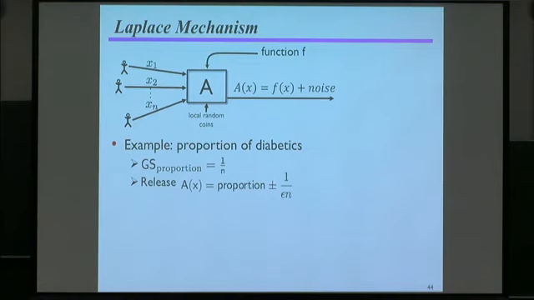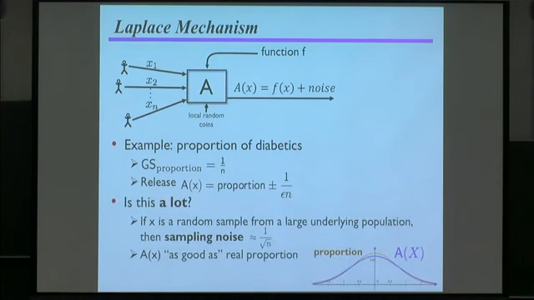Well, it depends on lots of things, but just to give some sense of calibration, if x were a random sample from a large underlying population, then just due to sampling, you'd expect the difference between the sample mean and the population mean to be on the order of about 1 over square root of n.